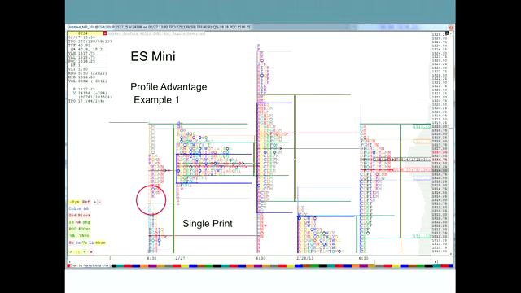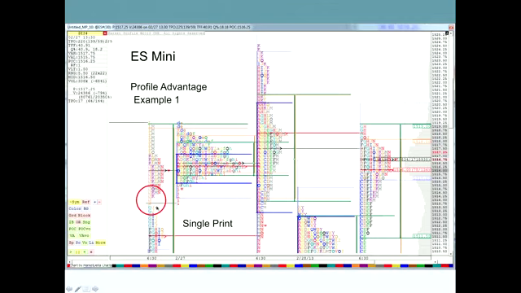One thing we've learned about is the single print. Okay? Remind me, why was that single print so important? The software is designed to detect those single prints because they're so important. And you see that black line with the red circle on the left-hand side of the chart, right here?